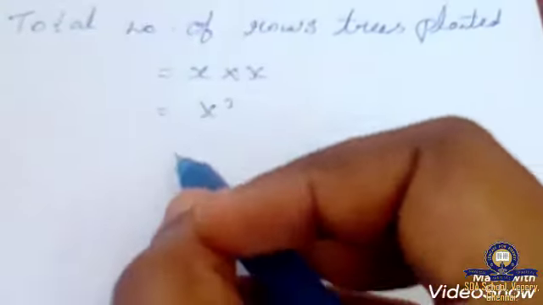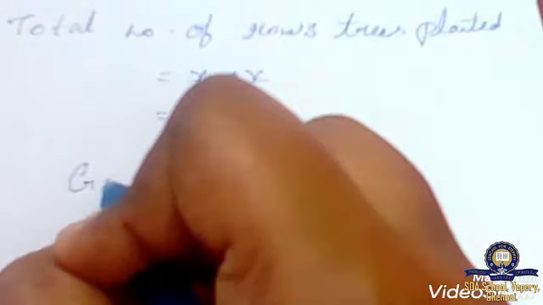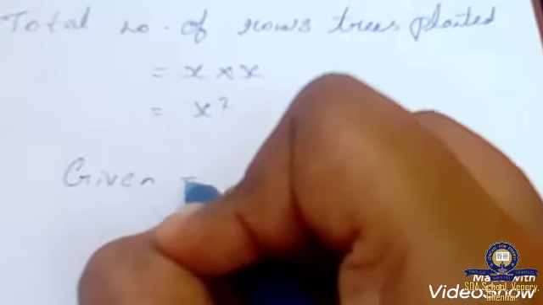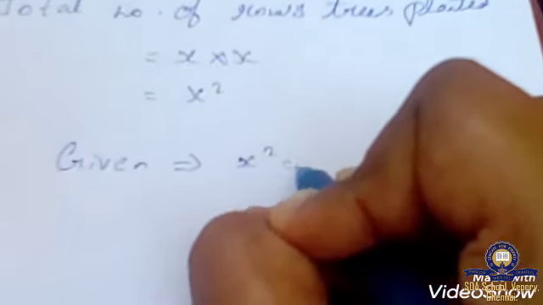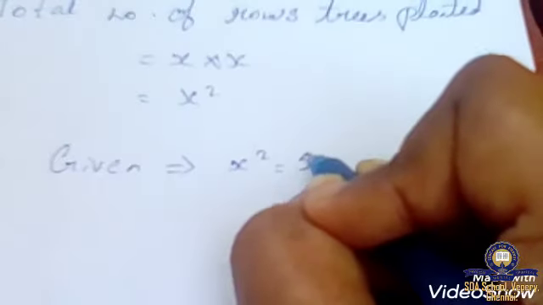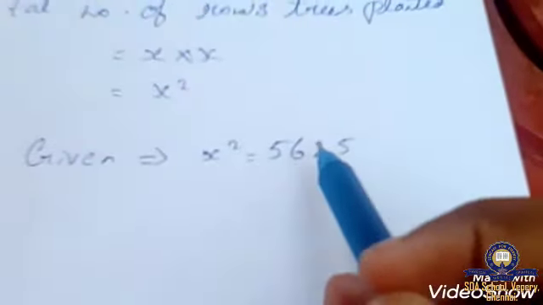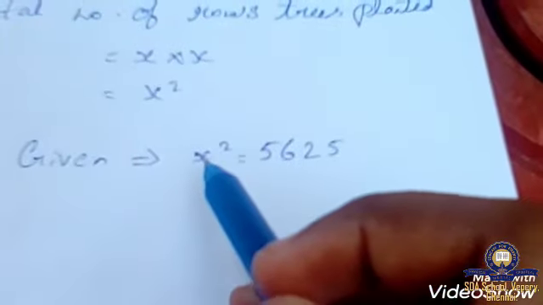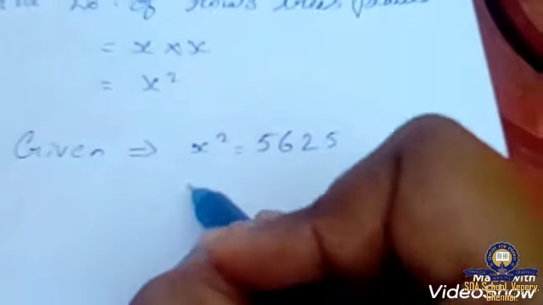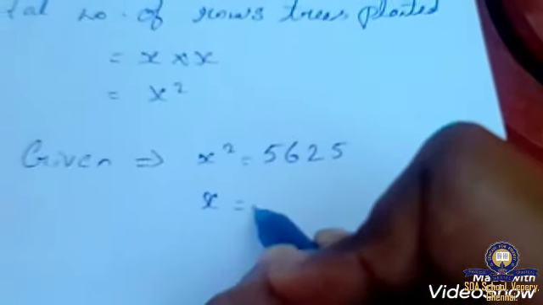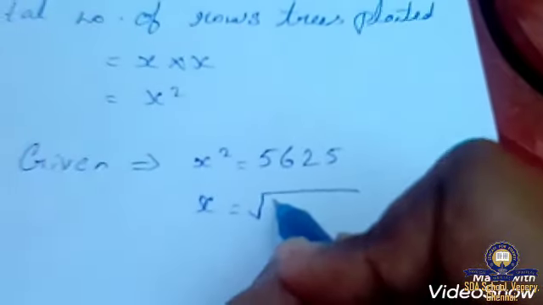So now according to the given condition, x square is equal to 5,625. So now we use the prime method to find the x value, because this square will come as a root.